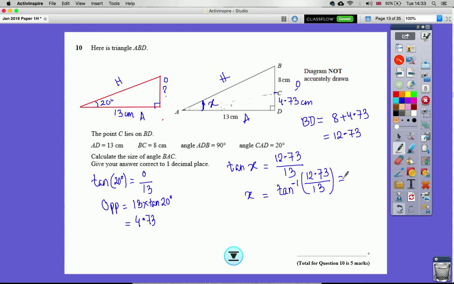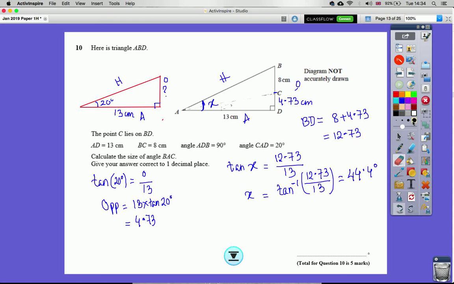Let's find out. Shift tan, and I'm getting 44.4 correct to one decimal place. So that is the whole angle X.